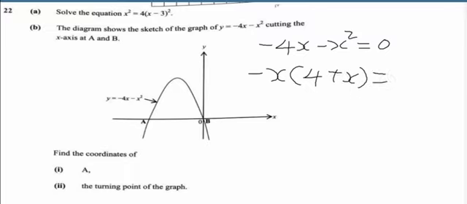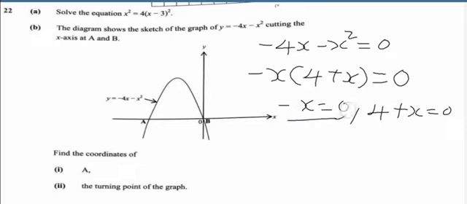It is equal to 0. So we need to solve these equations. We can say negative x is equal to 0, or we can say 4 plus x is equal to what? 0. So definitely this one here we are just going to get 0. x is equal to 0.